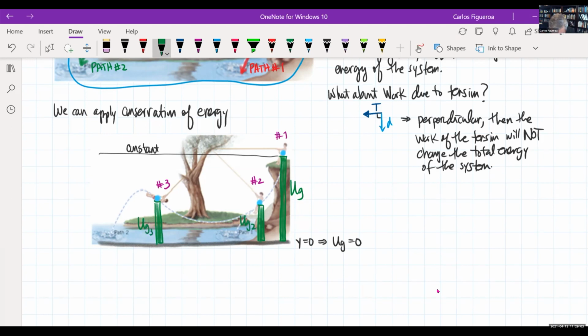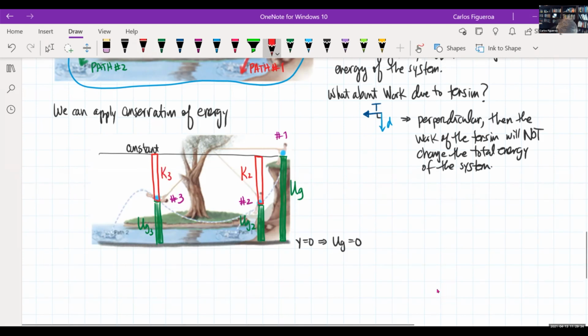But wait a minute. I know what the rest of the energy must be now. And the reason is that I know the total energy of the system is a constant. So if the total energy is a constant, then we have no choice but to say, okay, this is the kinetic energy at 2. This is the kinetic energy at 3.